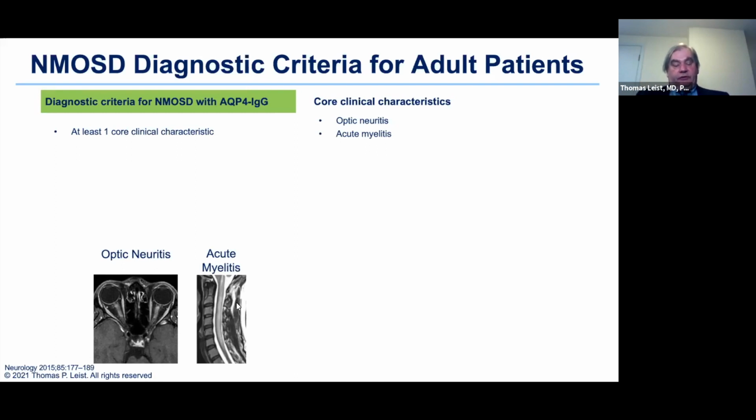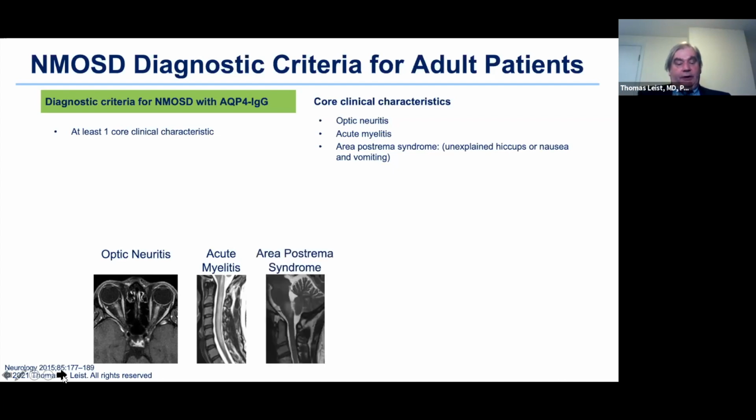That's why we often refer to it as longitudinally extensive transverse myelitis. Then we have the area postrema, or the area in the back of the brain, here with the cerebellum. You see the inflammation over here, and some individuals have nothing else but uncontrollable hiccups and also nausea and vomiting. That's obviously potentially dangerous because a person could dehydrate.